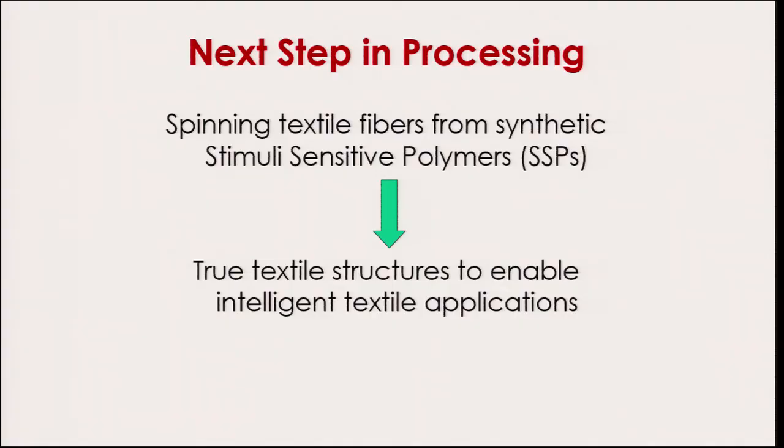So, the next step in processing is to spin fibers from this linear polymer, stabilize them, and these structures can be used for intelligent textile applications.